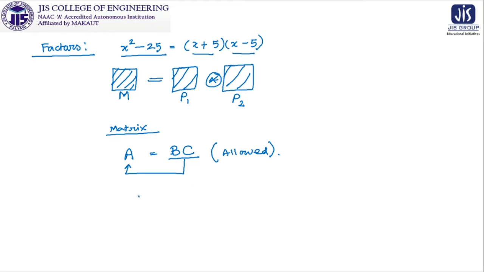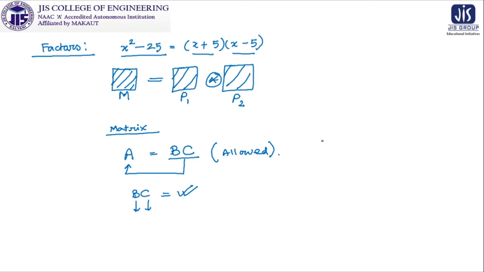Now, if you have two matrices B and C, you have checked the conditions and found that they are multiplicable, then multiplying them is a very easy process. We know how to multiply matrices. But here we are trying to think about the reverse method.